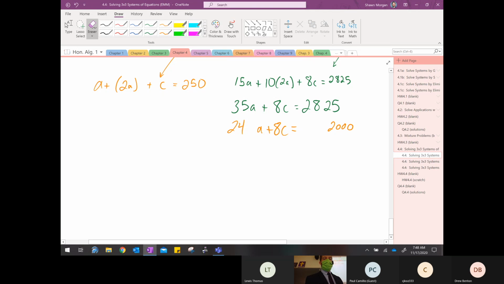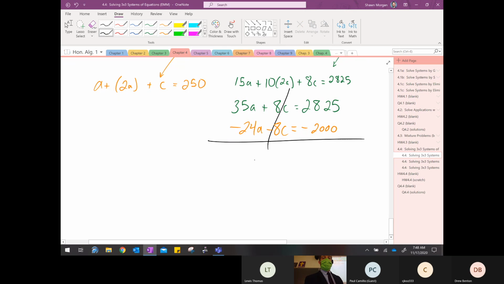And use my eraser. Let's make them all negative. Now we cancel out the C's.